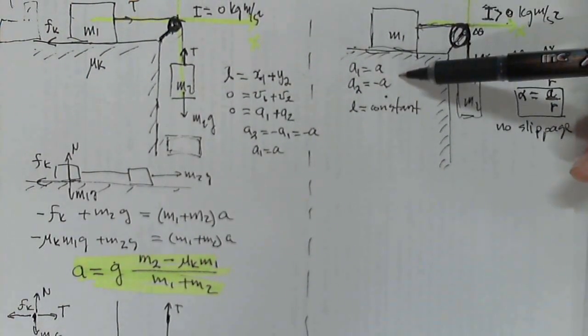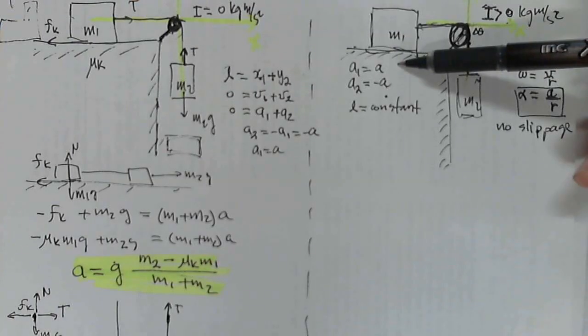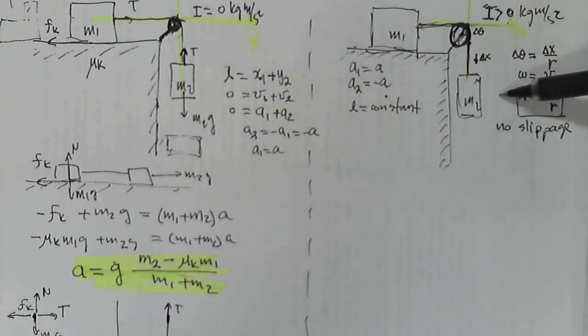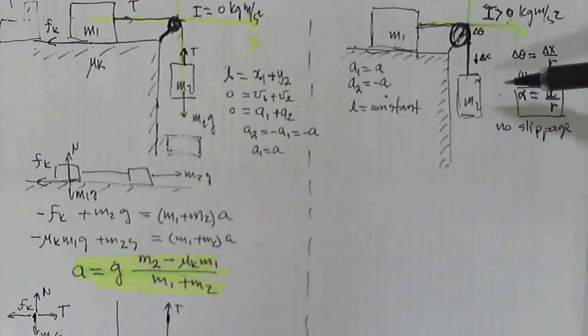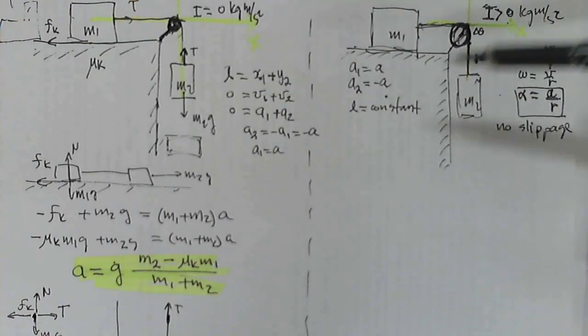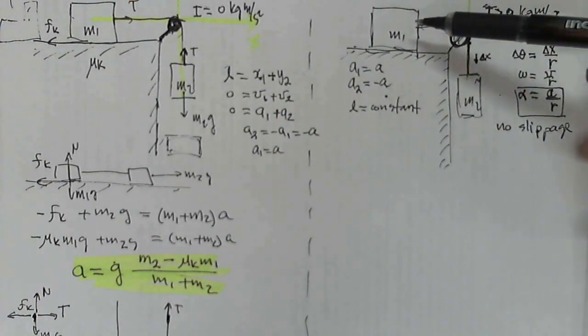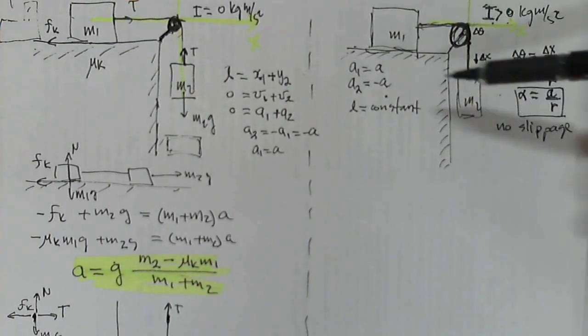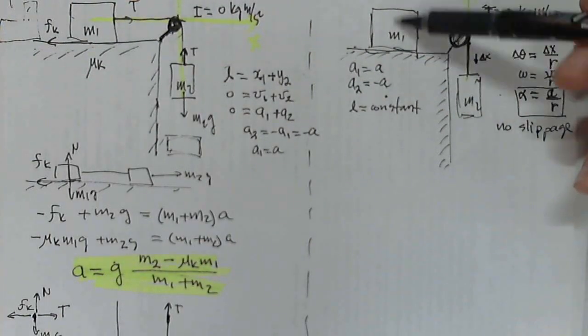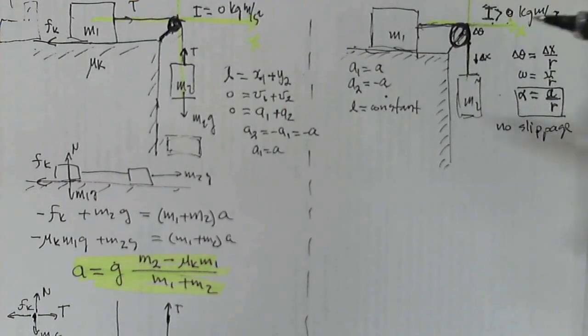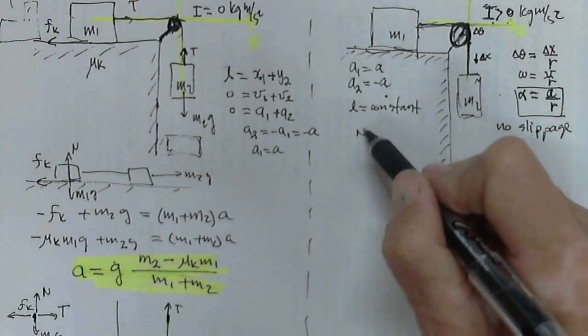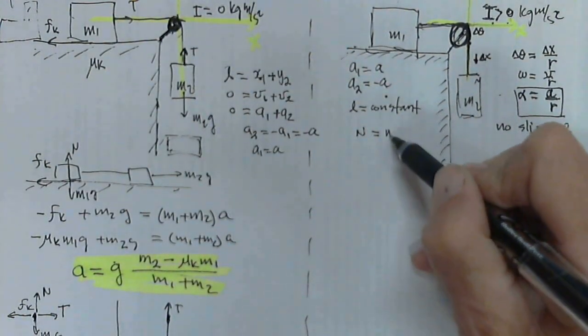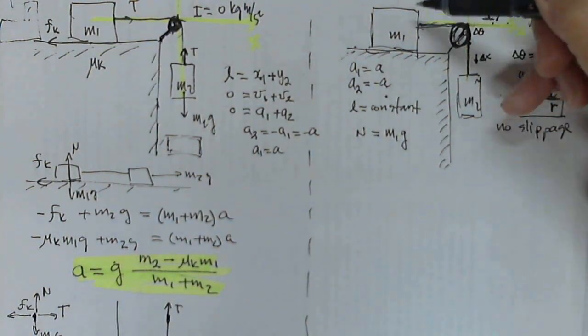The y axis is trivial because there is no motion in the y-axis. Here there is no motion in the x-axis. And so those two equations are out. But then you have motion on the x and motion on the y. By the way, the motion in the y is not out because that's how you find the normal force. So here the normal force is m1 times g.